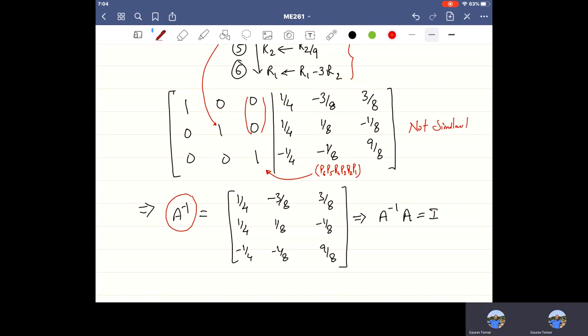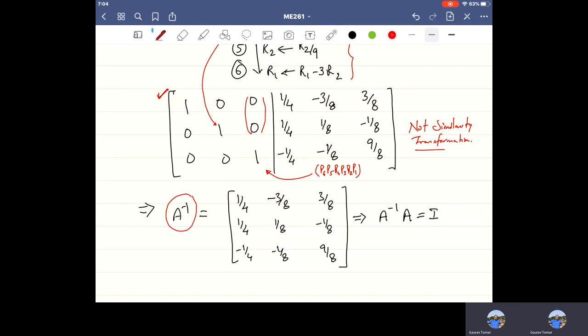So you have reduced a matrix A to a diagonal matrix by performing only row operations, but these are not similarity transformations. And if A is invertible, then you can always do this. So this is always possible.